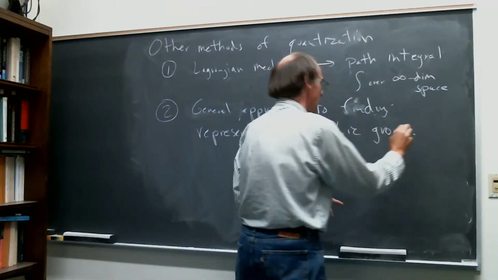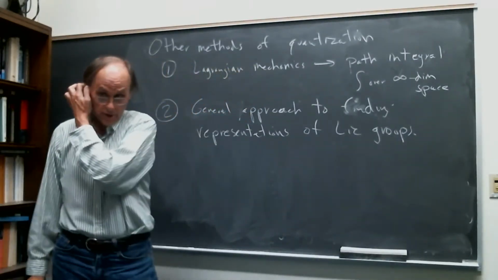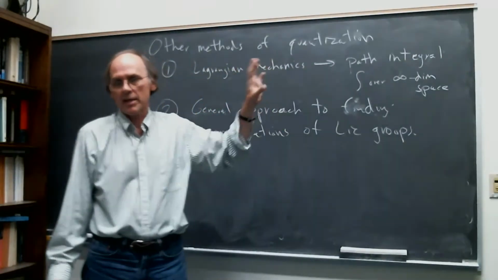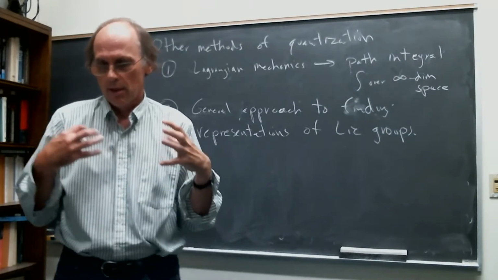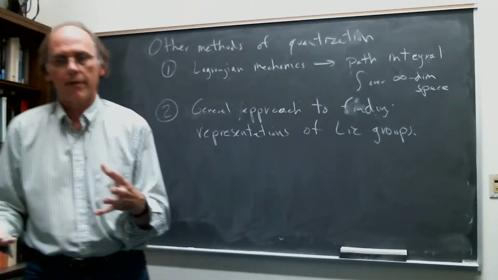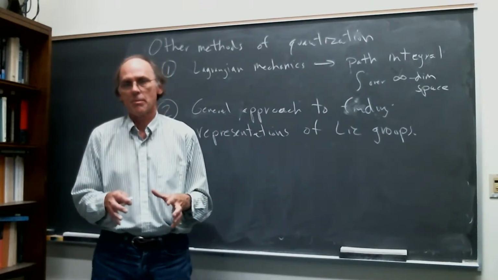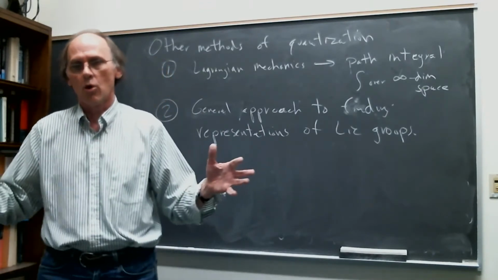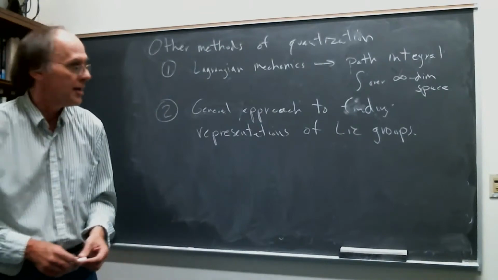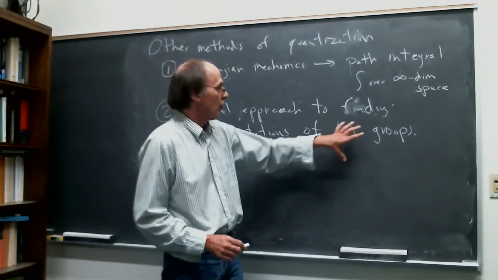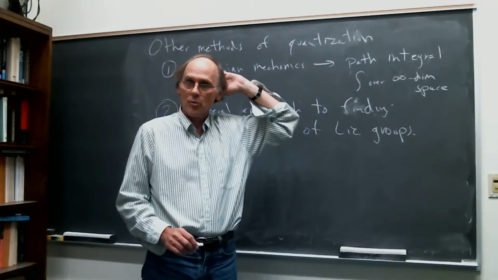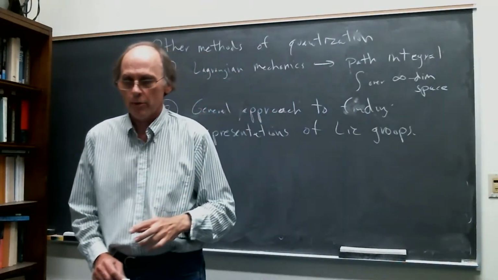It's a huge subject within mathematics that, given any particular Lie group, you try to figure out what are its representations, what are its unitary representations, what are the irreducible ones, how would you construct them? And it's a very difficult problem for general Lie groups with a lot of structure. So, one way to approach it.